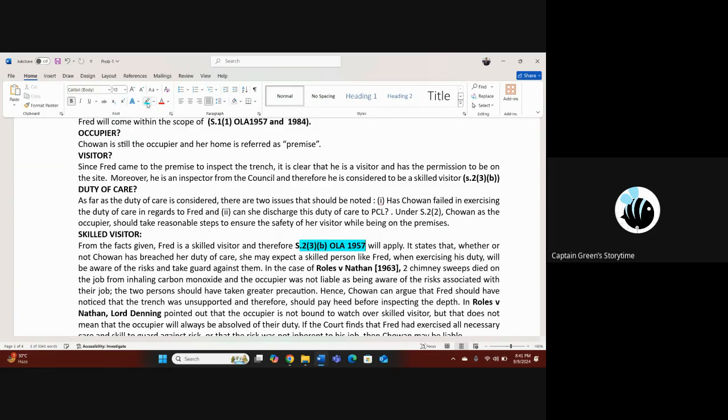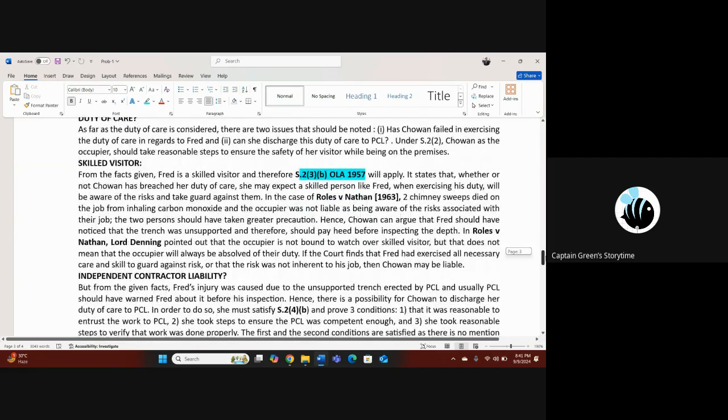Okay, it states that whether or not Chauhan has the duty of care, she may expect a skilled person like Fred, when exercising his duty, to be aware of the risks. Okay, we have the two cases. Now Chauhan might argue that he was a skilled person and he might know whether this place amounts to a danger place and whether there are any risks or not.